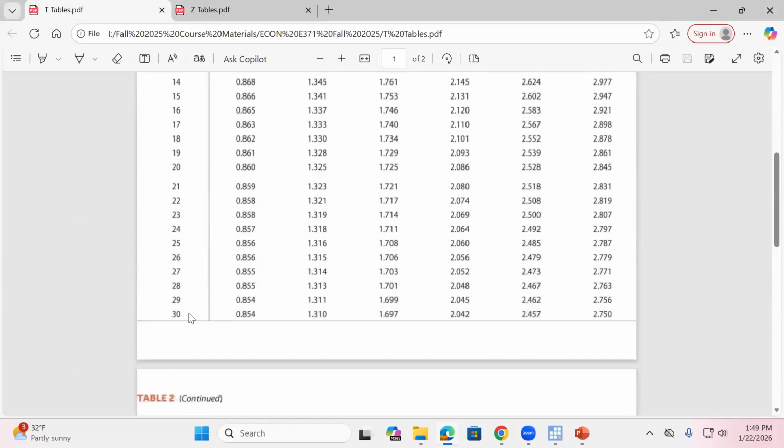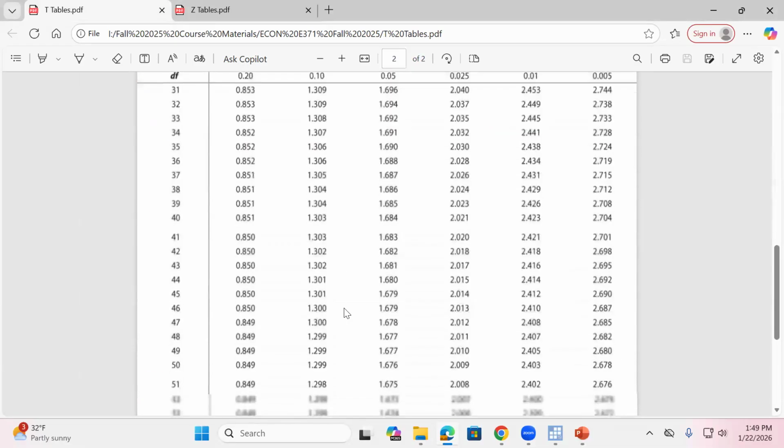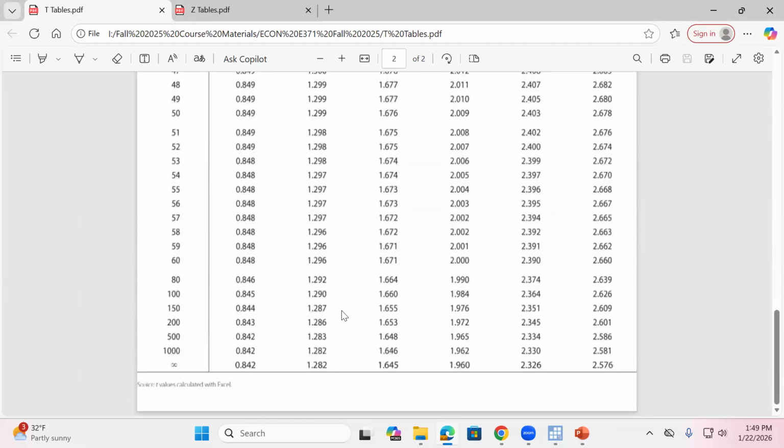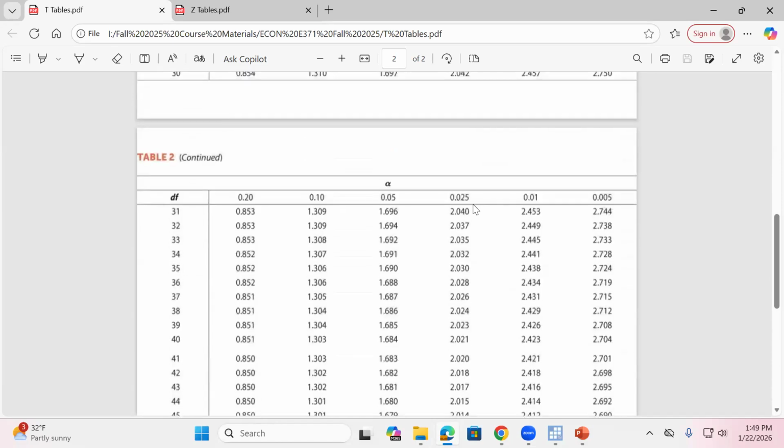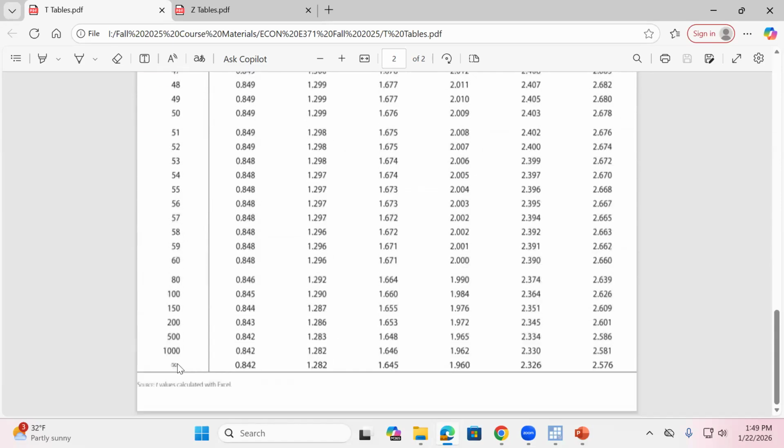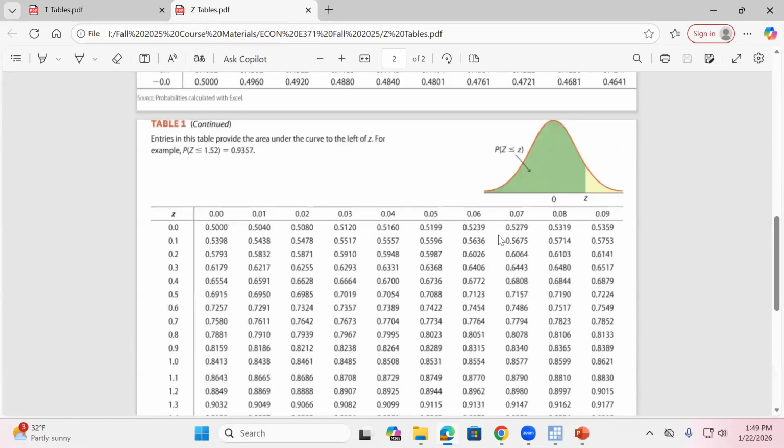If I get sample sizes over 30, in fact, probably want a little bit higher than 30, but just to kind of prove this to you, if I look at these values where my sample size is infinite, I would find the exact same values I could find from a standard normal. So for example, if I want a probability of 0.025 in my tail, if I looked at the infinite value, this should be the same value I find from the standard normal.